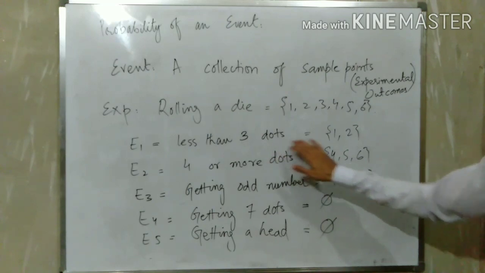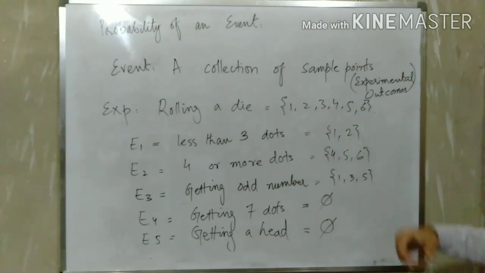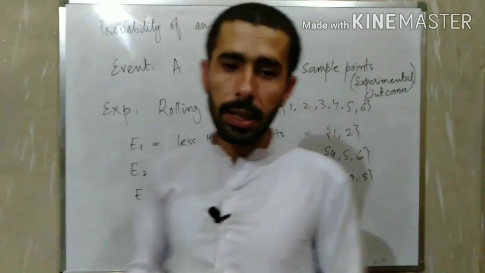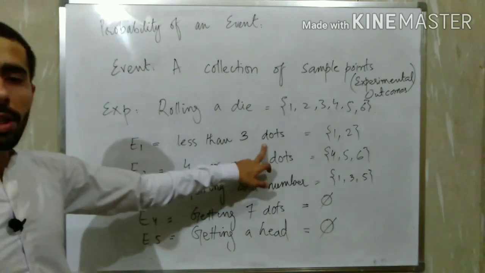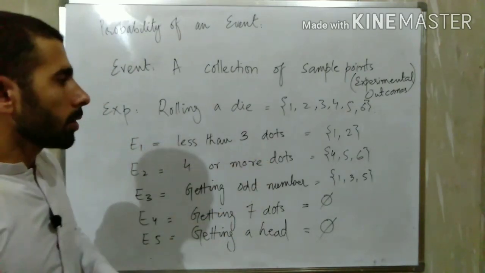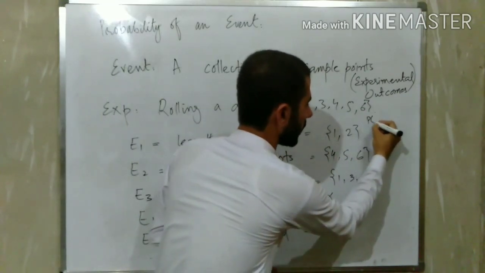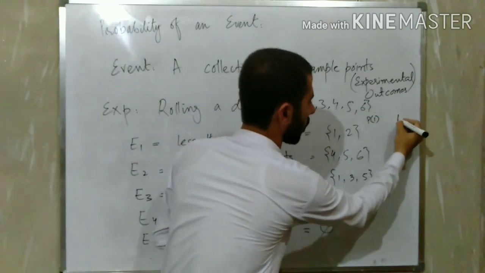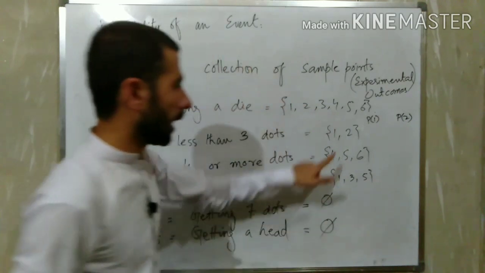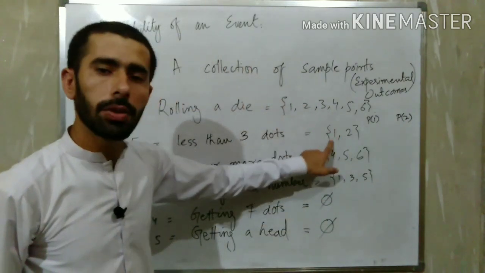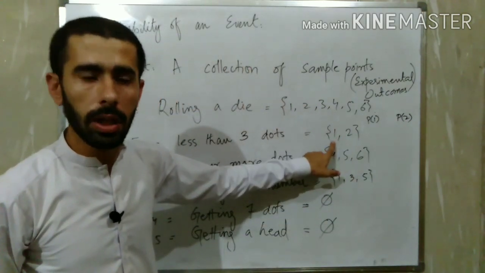Say for example, if I am calculating the probability of this event, that is getting less than 3 dots on the face of the die, I would find the probability of both the outcomes, getting 1 and getting 2 dots.